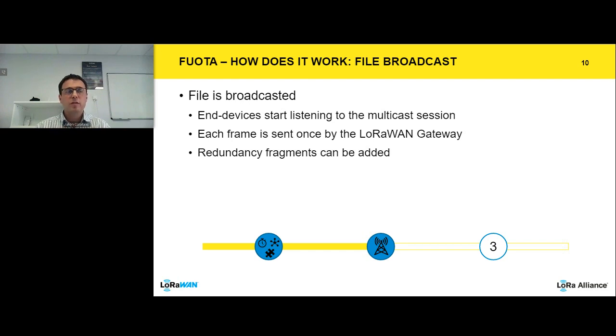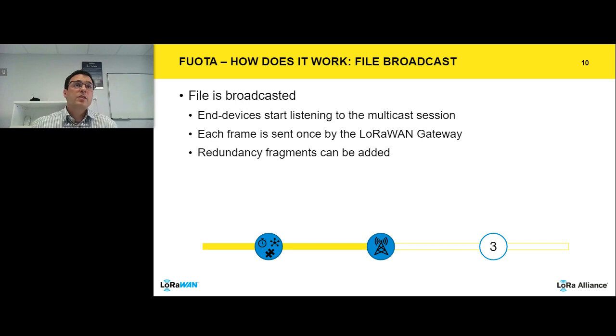This is mathematically complex, but when the devices receive a redundancy fragment, they can use that one plus the fragments already received and do some calculation to reconstruct a lost fragment. So that's the second part of a classical FUOTA session.